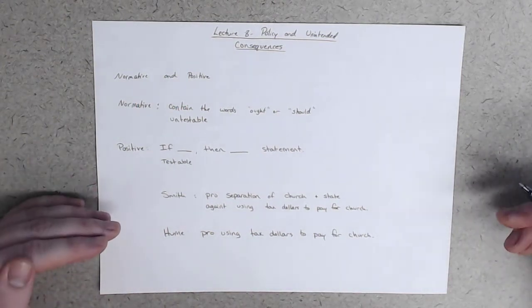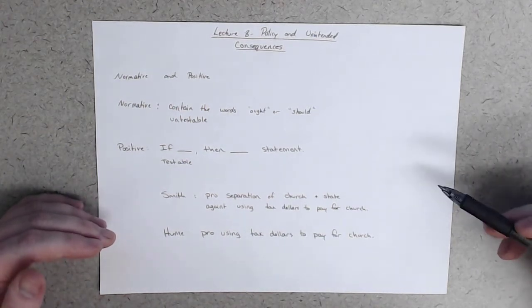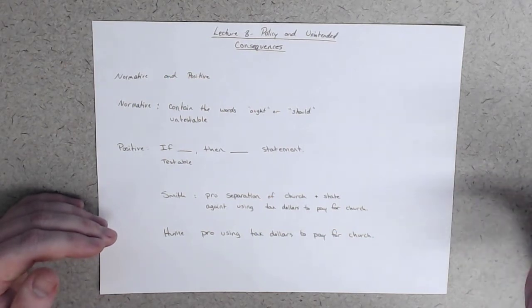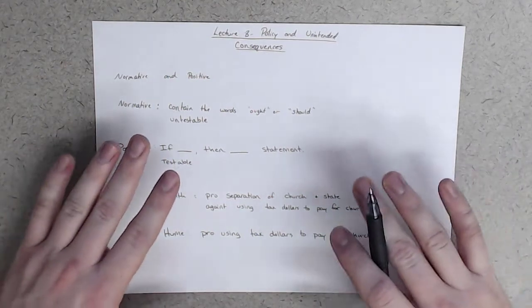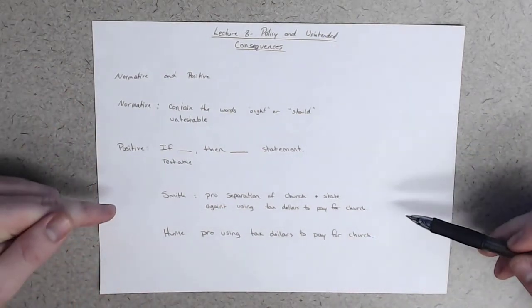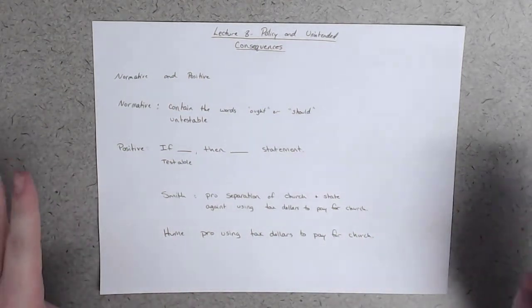So basically, Adam Smith was saying that when we use taxpayer dollars to do something, it ends up being low quality and expensive. Let's assume that that's true, or at least it was true in the 1750s when these people were arguing.